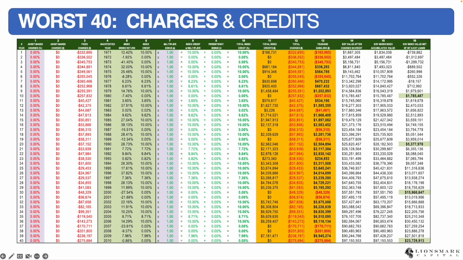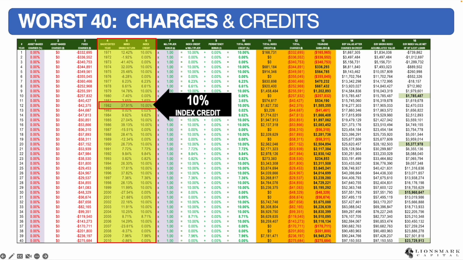So here's an example of what I mean by this. We have these charges and credits pages in our proposals. I know it's a lot of information here, but we can show them in this scenario. Again, this is the 40-year period that produced the worst compound annual growth rate. This started right in the fourth quarter of 1971. And what we'll do is break it down for them. So let's say in 1982, the S&P return was just over 37%.